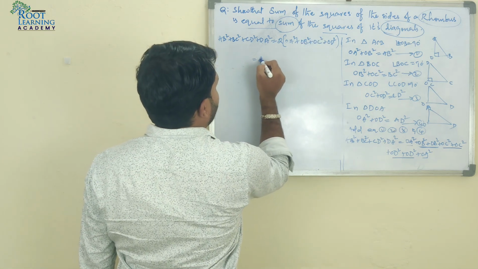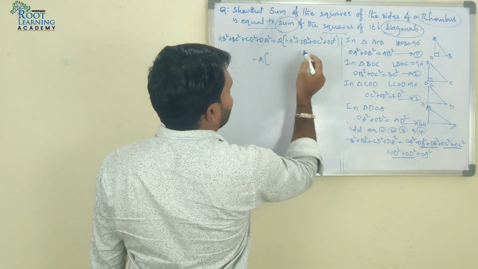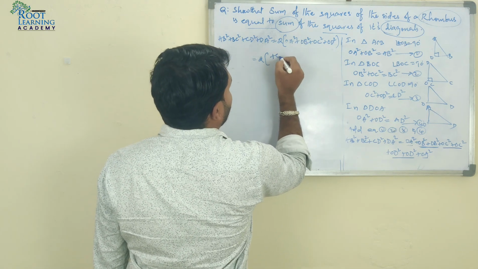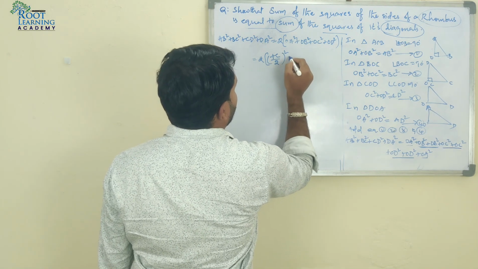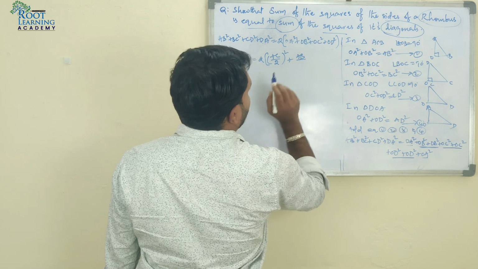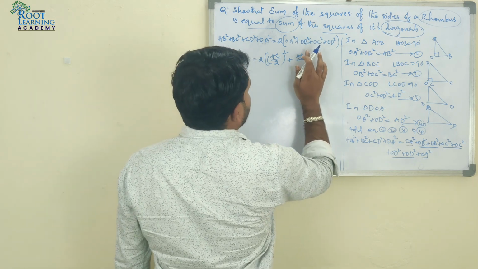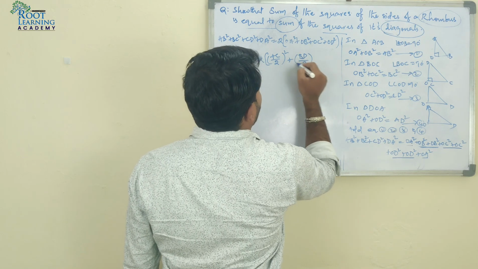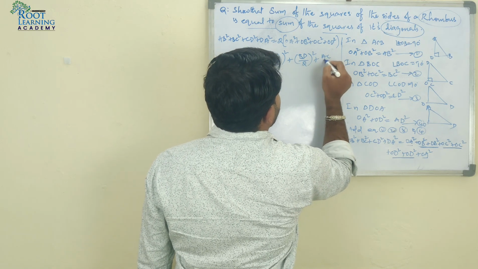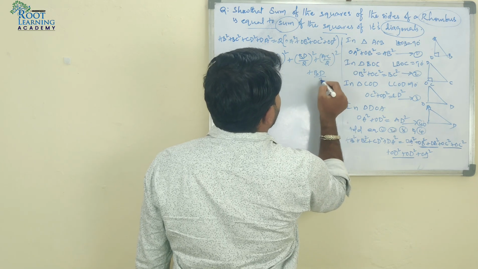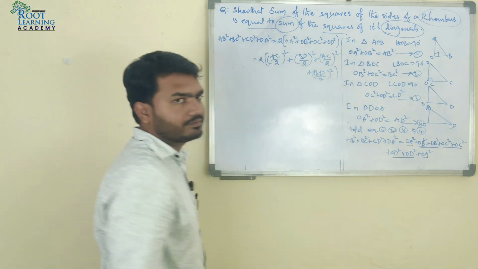Now, as I said, OA and OC can be written as AC by 2. So instead of OA square, I am writing AC by 2 whole square, plus instead of OB, BD by 2 whole square, plus AC by 2 whole square plus BD by 2 whole square.